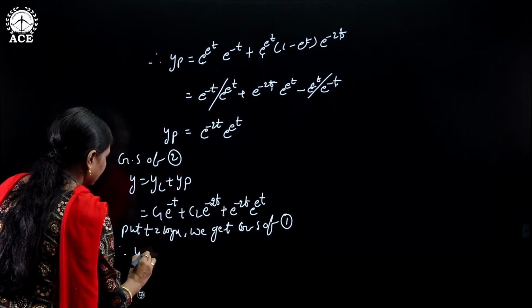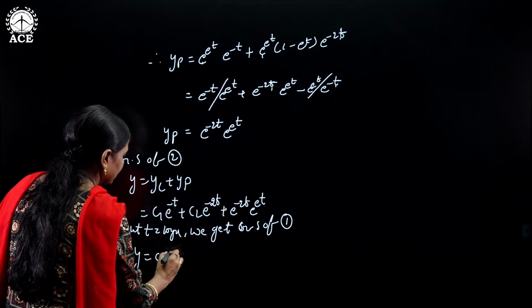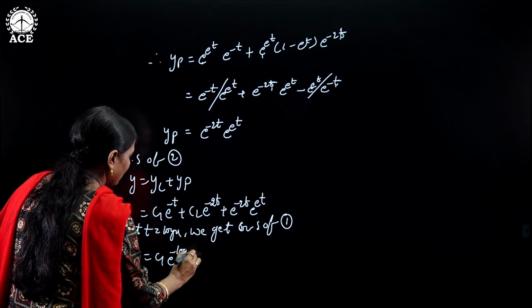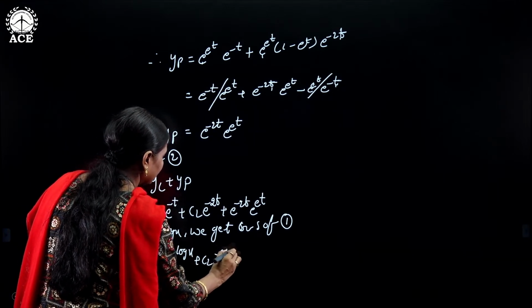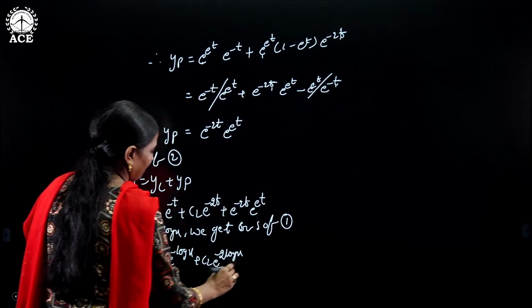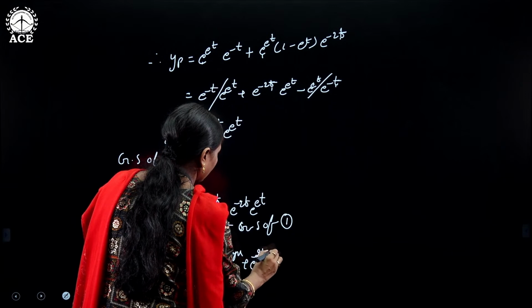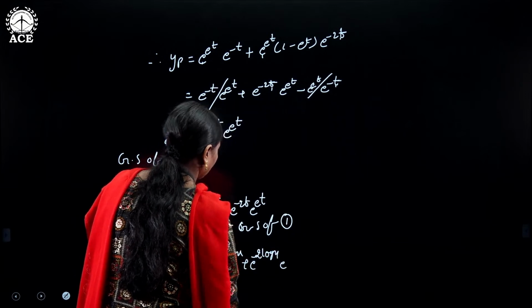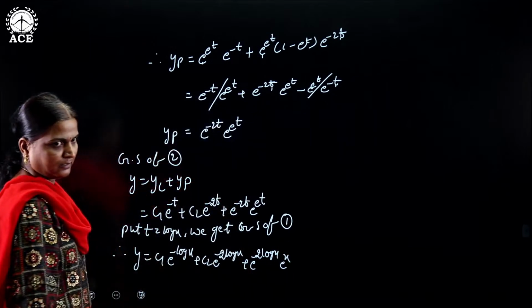Therefore y is equal to c1 into e power, what is the t value? Log x. So c1 into e power minus log x plus c2 into e power minus 2 log x plus e power minus 2 log x into e power t. What is e power t? E power t is equal to x.